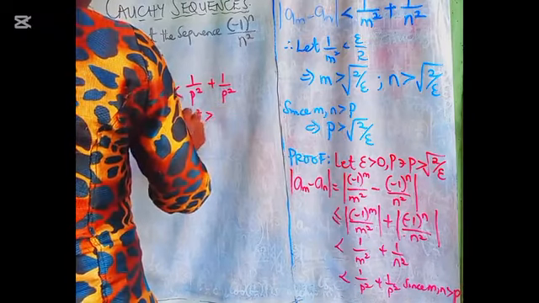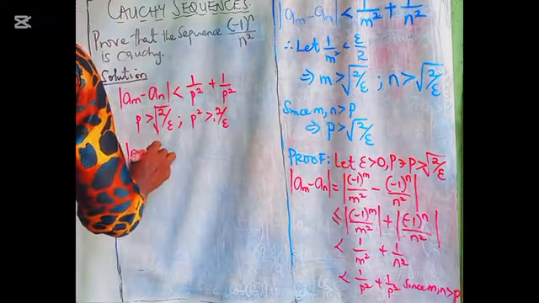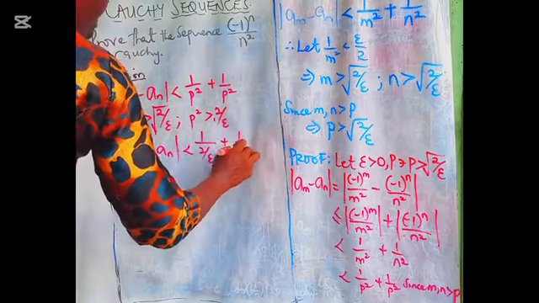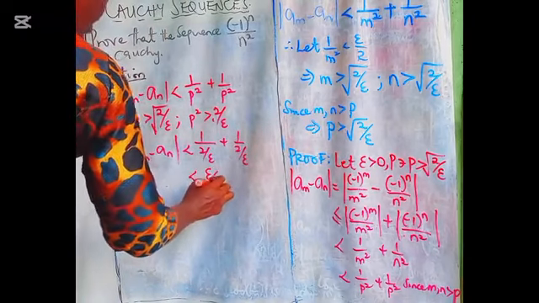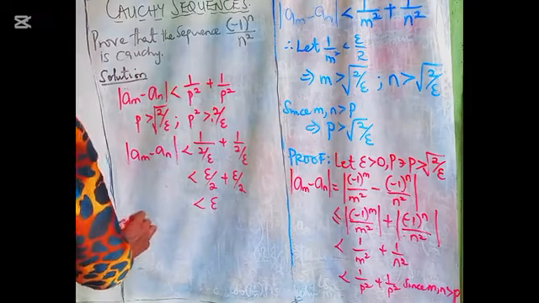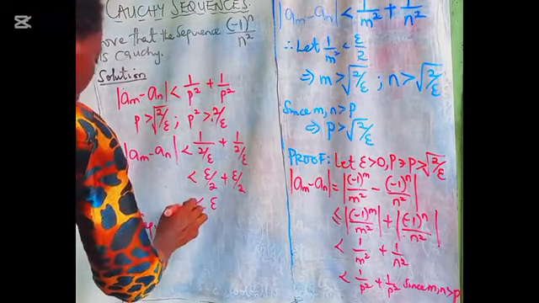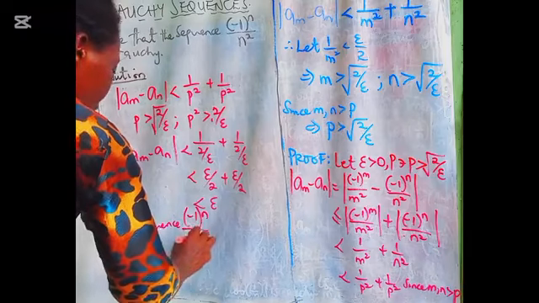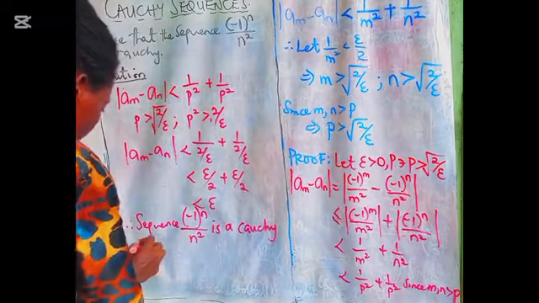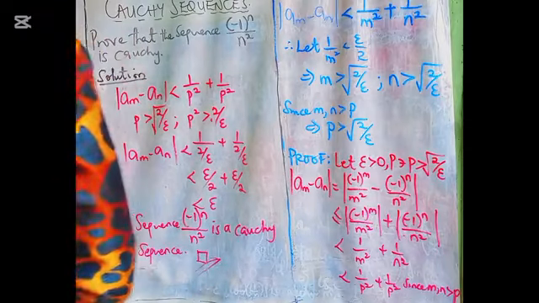Therefore, p squared will be greater than 2 over epsilon, and so |a_m minus a_n| is less than 1 over (2 over epsilon) plus 1 over (2 over epsilon), and that is epsilon over 2 plus epsilon over 2, which equals epsilon. Therefore, the sequence (-1)^n over n squared is a Cauchy sequence. And that is what we have been able to prove.